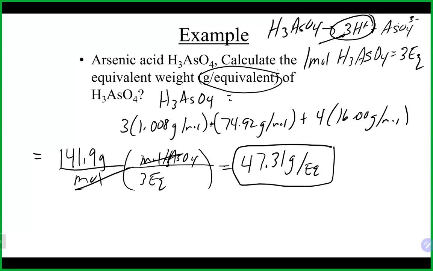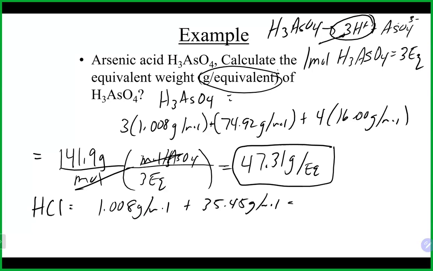Now, let's just say, for example, we had HCl. If we get the molar mass of HCl, 1.008 grams per mole plus 35.45 grams per mole, that gets us 36.46 grams per mole. In 1 mole of HCl, because it has just 1 hydrogen, you would get 1 equivalent.